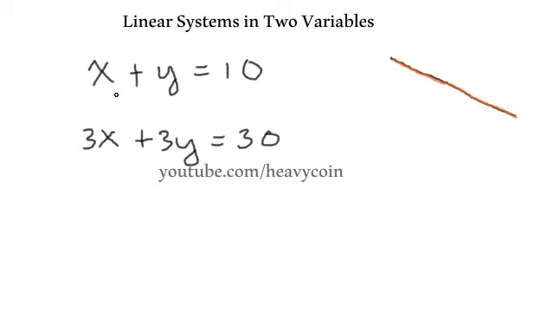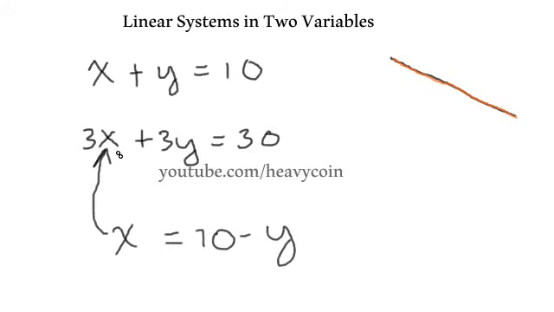Now if I were to solve these systems, we would do something like I've been doing. I would solve for x in this problem, and so we'd end up with x is equal to 10 minus y, and then I would plug that in for this x.